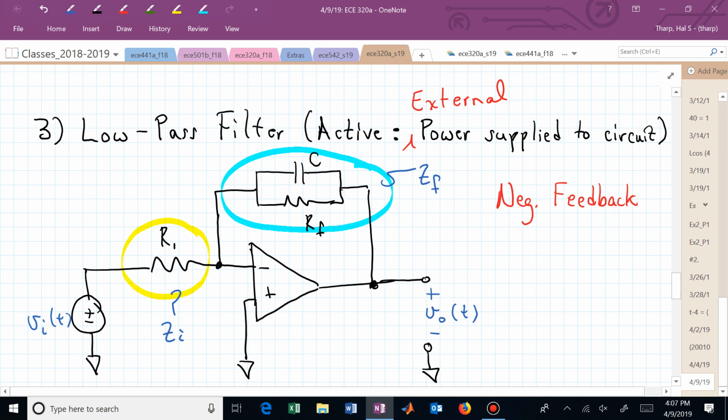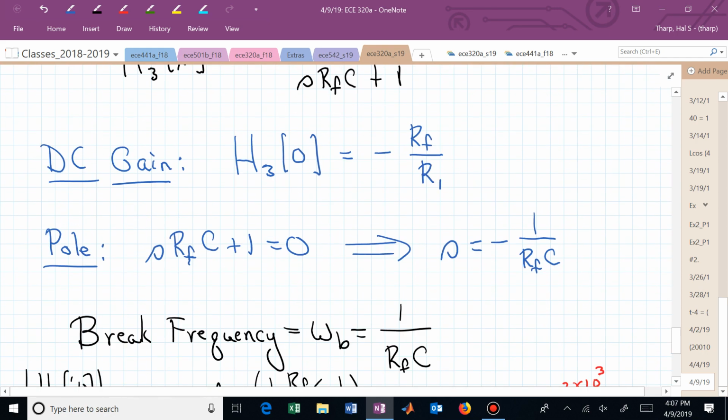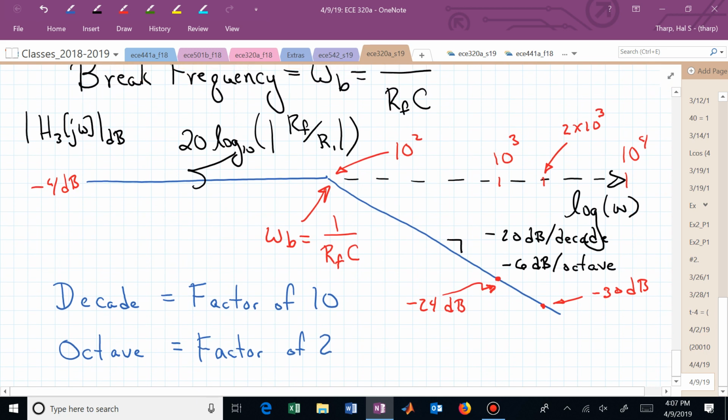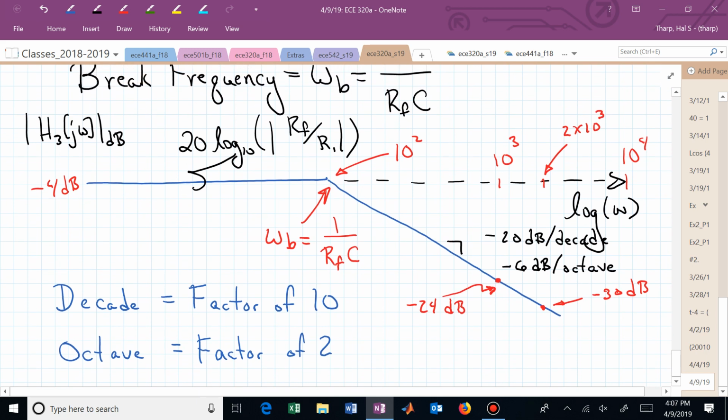If that line was straight all the way, that meant that my circuit didn't have anything. If this was straight all the time, so now if I was at minus 4 dB for all frequencies, then I didn't have any kind of low pass characteristic. I would pass everything. That would just be an inverter circuit, wouldn't it?